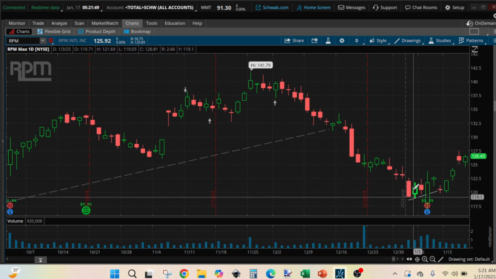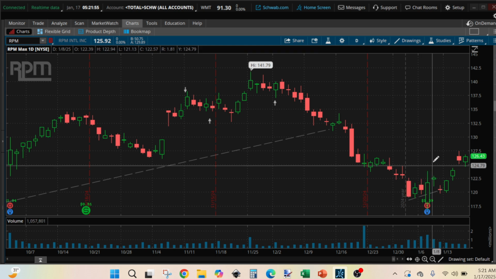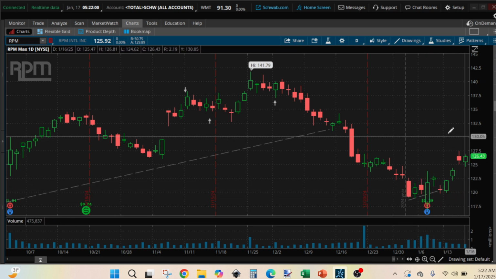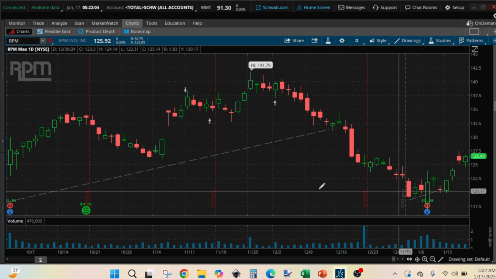To buy, we like to buy at the first green bar that follows a pullback when we are seeing higher lows. For instance, let's assume we have an uptrend line.